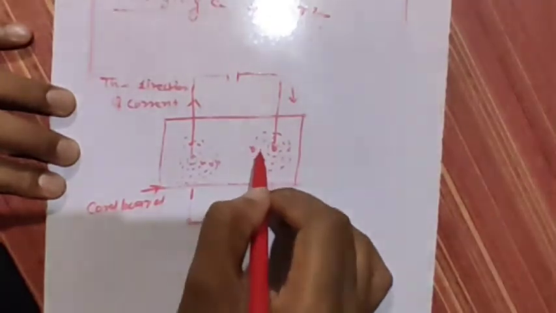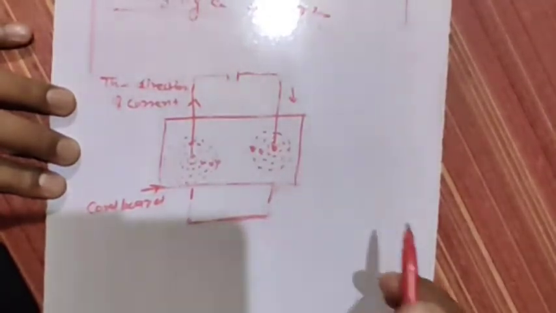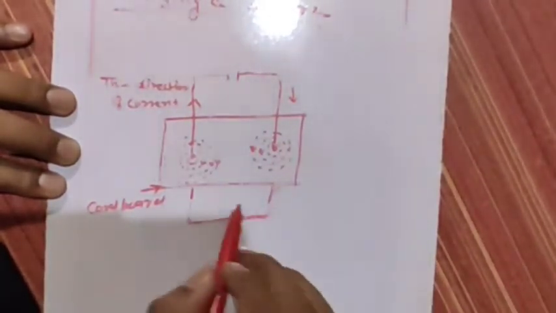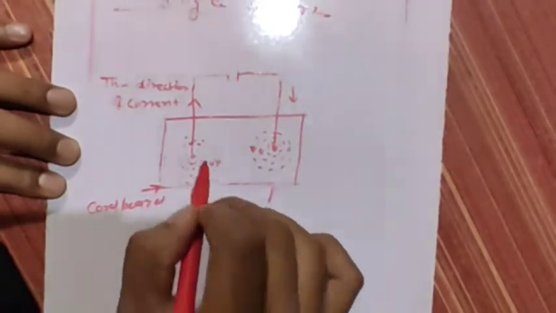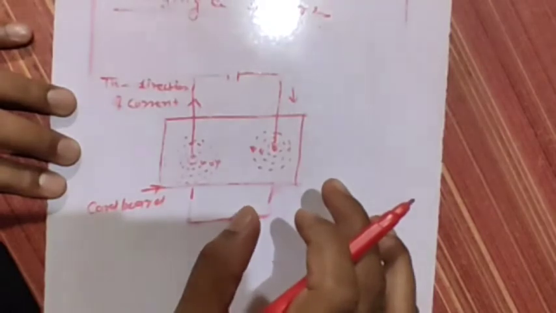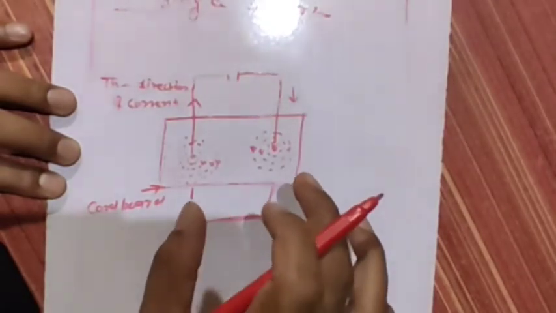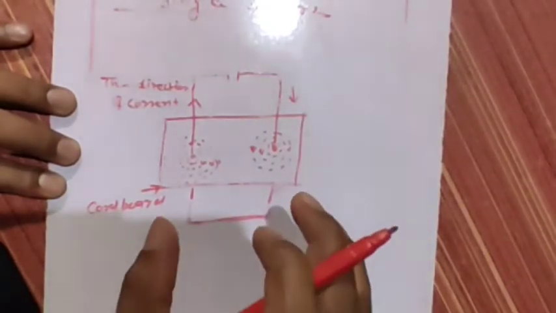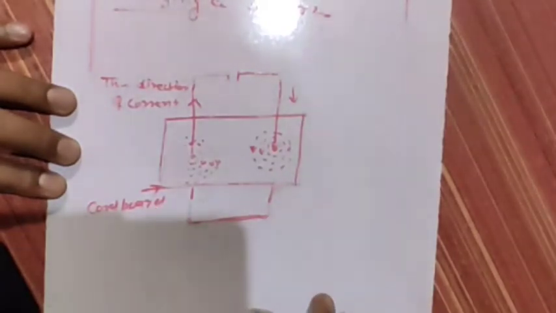So we know that whenever a current carrying conductor carries current, it produces a magnetic field in a particular direction.